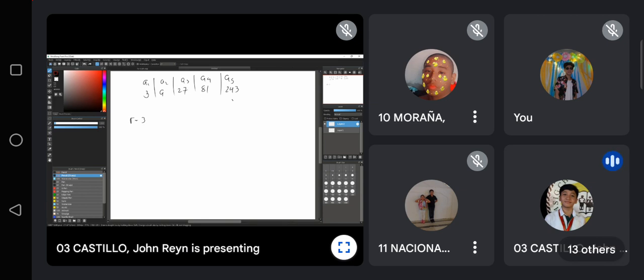So again, for us to identify if it is a geometric sequence, we will divide the term with its previous term. So for this case, 243 divided by 81.